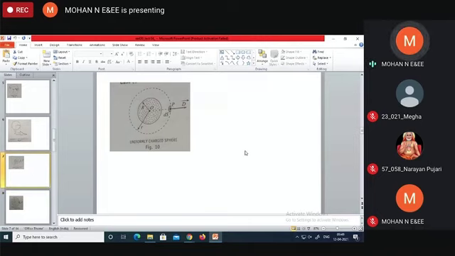This is the charged sphere we are discussing, and the dotted portion is the uniformly distributed charges.